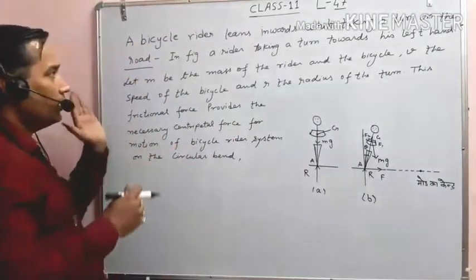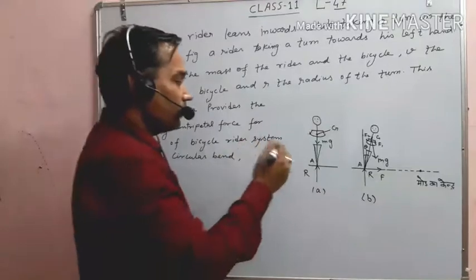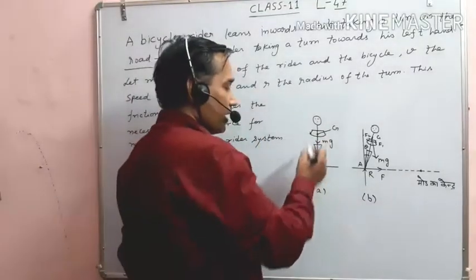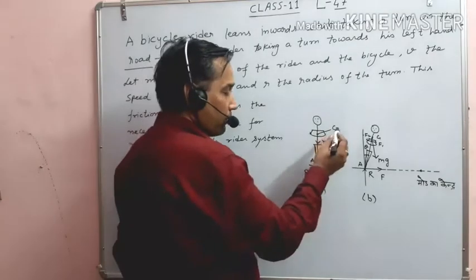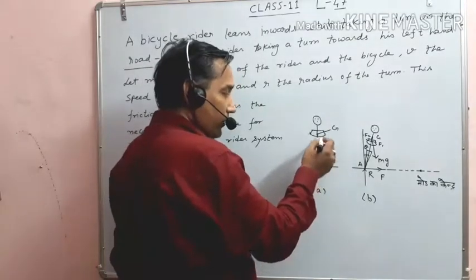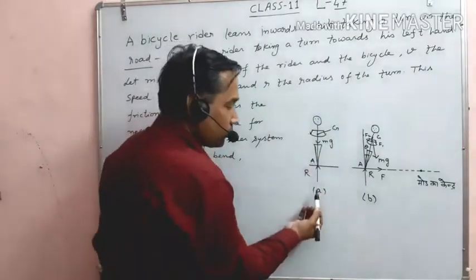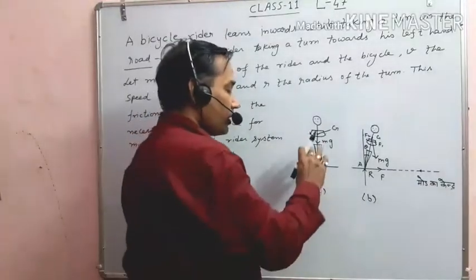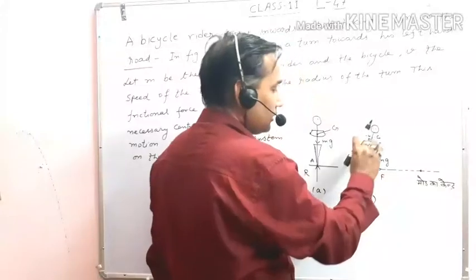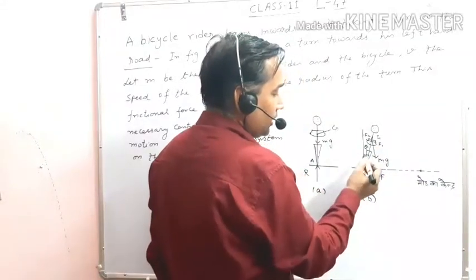So here in this figure, you can see when the bicycle rider moves in a straight line, in this situation, G is the gravity point, the CG point you can say, and weight mg is acting downward and reaction force is acting upward, then the rider is balanced in this position. And here that rider leans at a theta angle.